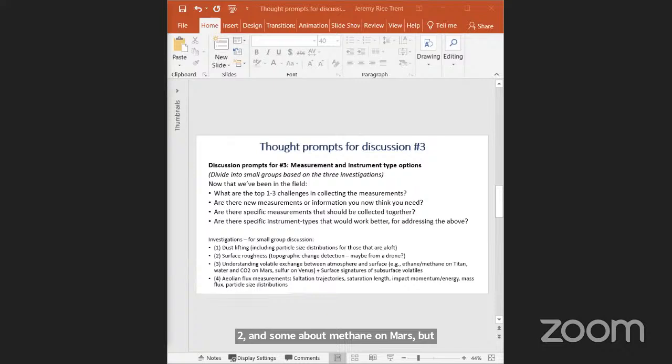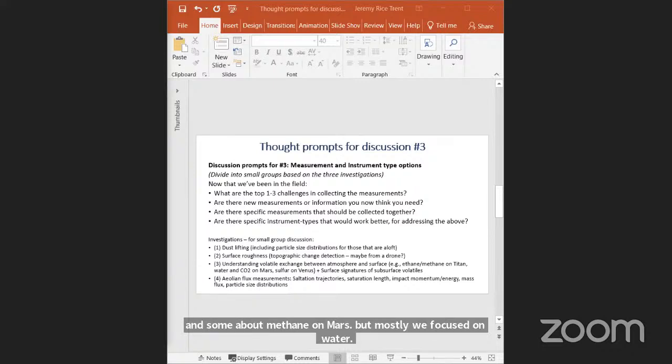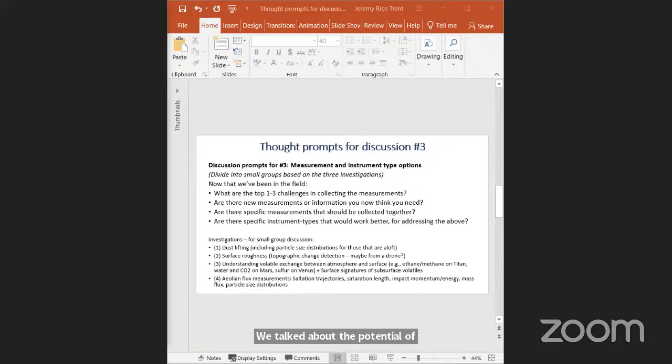We talked about the potential of using, say, the upward-looking DIAL instrument that was discussed in the lightning talks to get water abundance in the bottom, say, 5 kilometers as a function of time of day, and how you might be able to use that alone to infer the flux of water between the surface and the atmosphere.